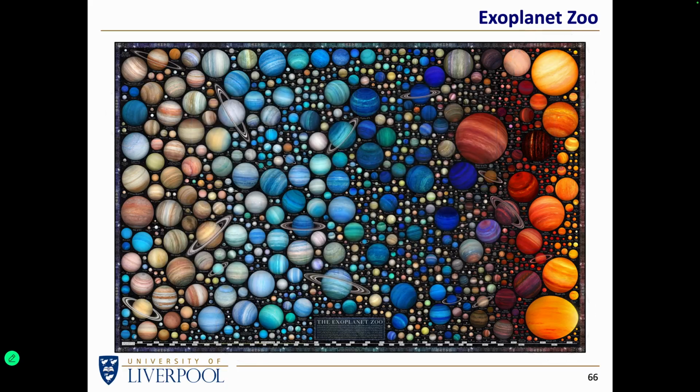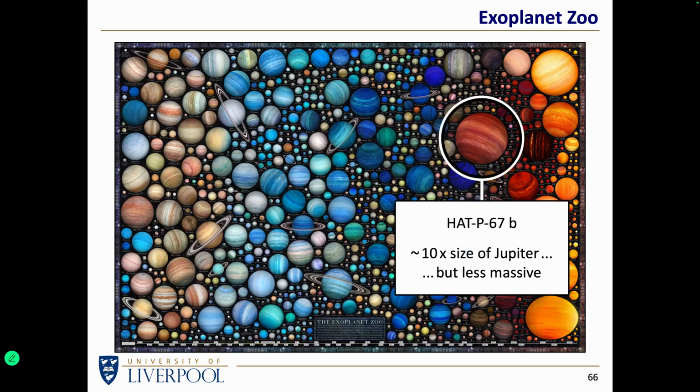There were some other notable planets in this exoplanet zoo. One of the largest that we can see on this diagram is this one that goes by the ridiculous name of HAT-P-67b. Again, they really need to get their naming convention sorted out.